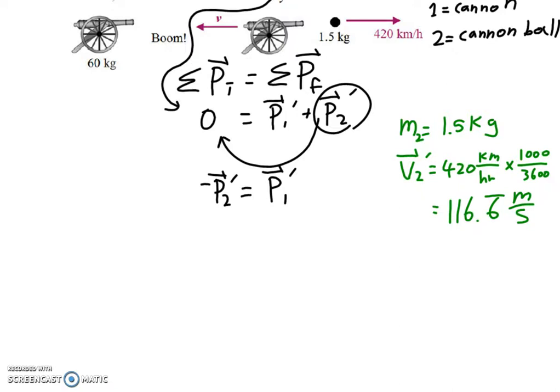Do we have another clue? Yes, we do. We have the mass of our cannon, which is 60 kilograms. And our goal is to find the final velocity of the first object, which is the cannon. Now we need to substitute; we're still in the second step where we're putting our formula in.